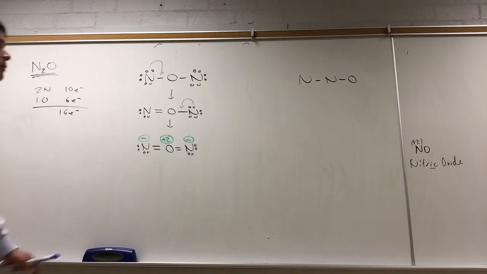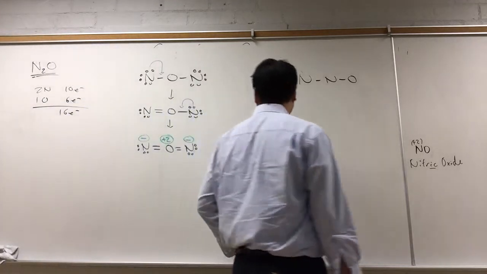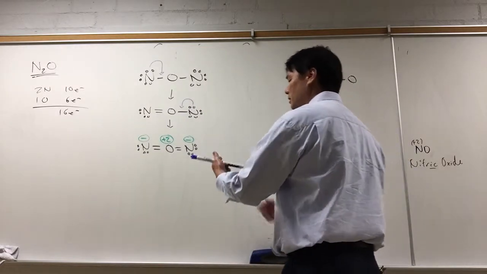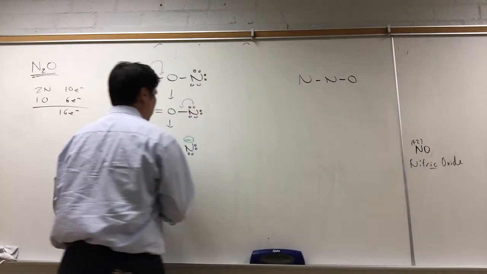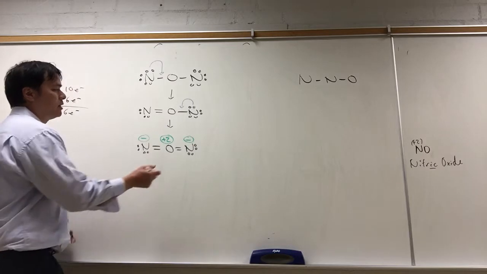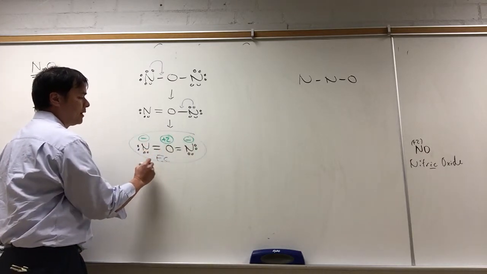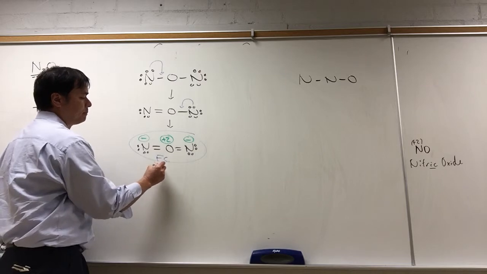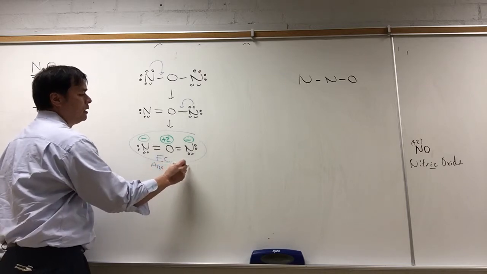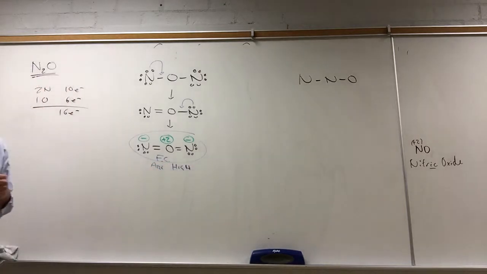I2 is about double what I1 is. And so this does not look good. The formal charges don't look good here. Even though the octet looks good, the formal charges are bad, or high. High formal charge means a lot of charge separation.